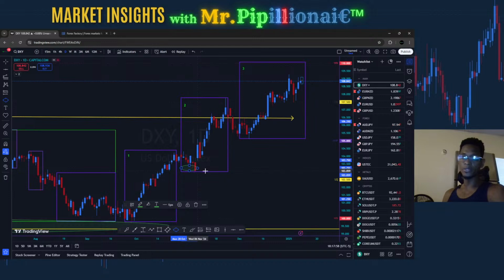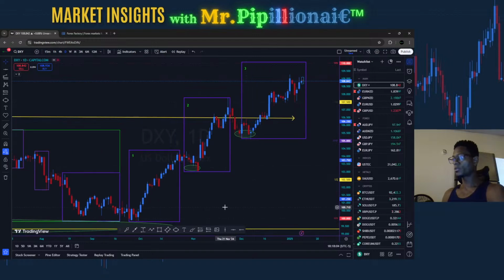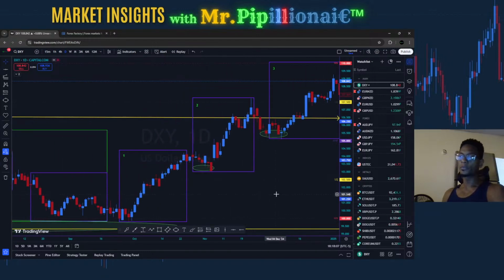Even though it's not really that clear, it is a reset structure. Look, another reset structure right here. Right, so as we go down to the lower time frames, you will start to see these levels and cycles much more clear than you would on the higher time frame, but the higher time frame gives us a better understanding of the direction that any given market is moving.